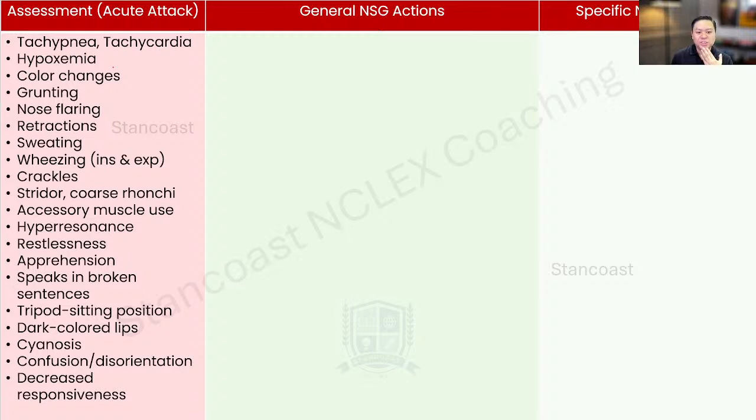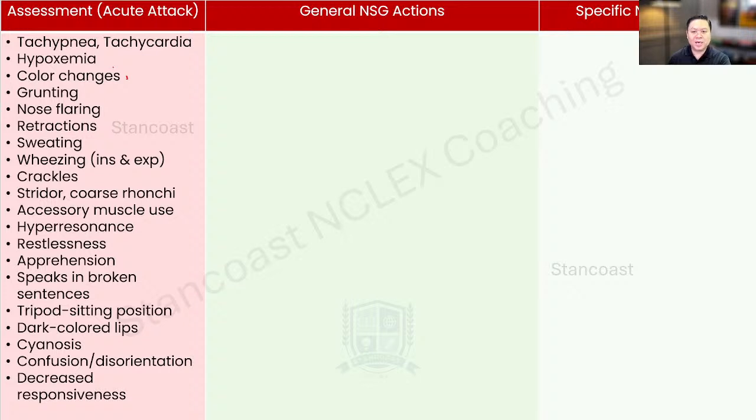That is a huge sign that the patient is not getting enough oxygen. Grunting, there's also nose flaring and retractions of the respiratory muscles, could be sternal retractions or intercostal retractions. The patient will be diaphoretic this time. Probably they're going to have inspiratory and expiratory wheezing.